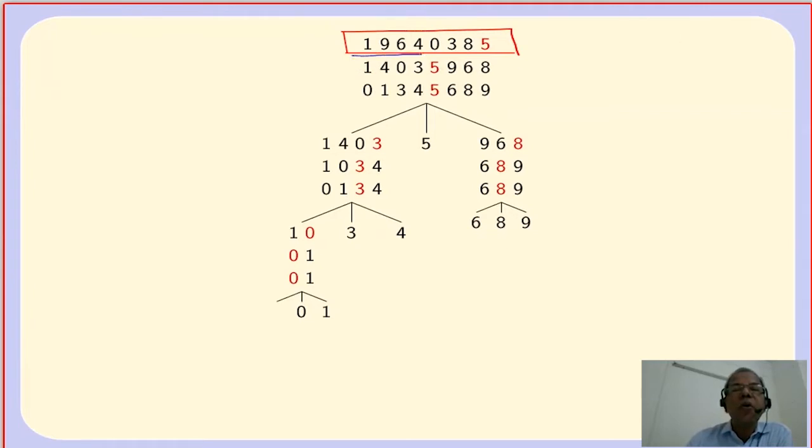So it partitions into smaller subarray, pivot, larger subarray. 1, 4, 0, 3 is the input to a recursive call. I am always selecting the last element of the subarray as the pivot. Here I am selecting 5 as the pivot, and here I am selecting 3 as the pivot. It need not be so. You can choose the first element, last element, any element.